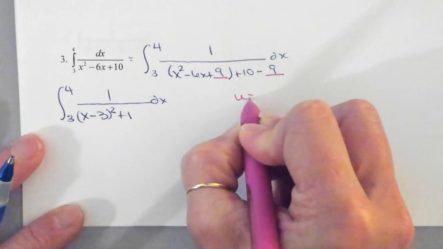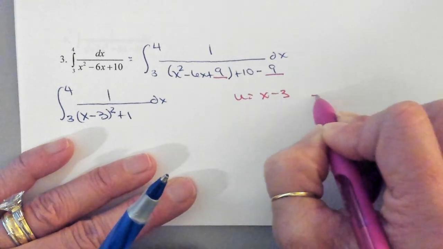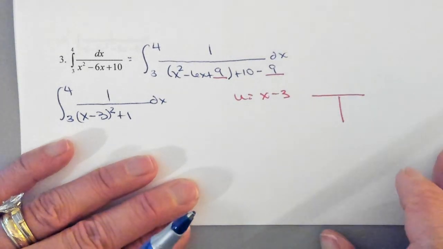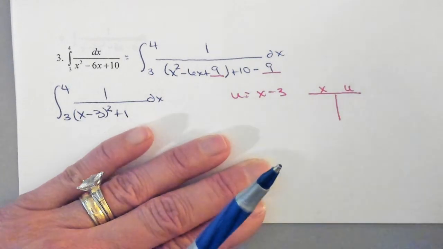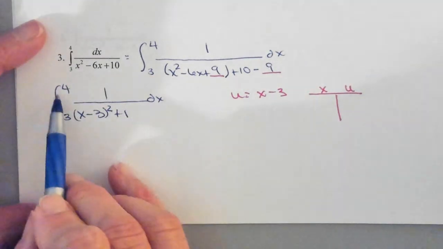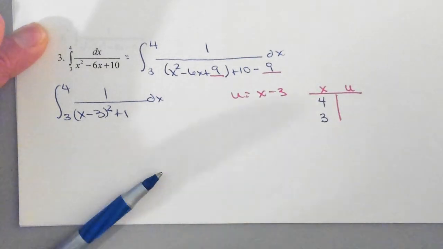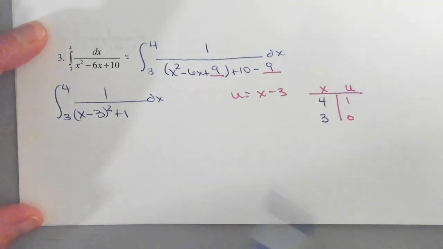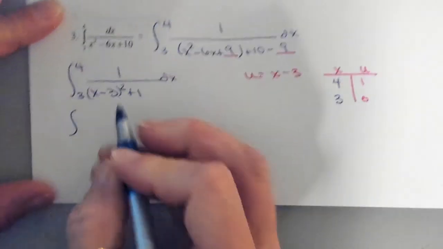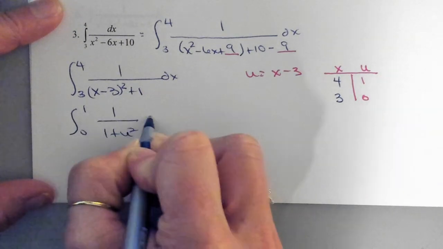So what's my u? It is x minus 3. I'm actually making my table over here because I'm going to change the bounds. X and then u. I'm going to copy this directly over. This is a 4. This is a 3. So what's u here? 1 and 0. All right, so now we have the integral from 0 to 1 of 1 over 1 plus u squared du.